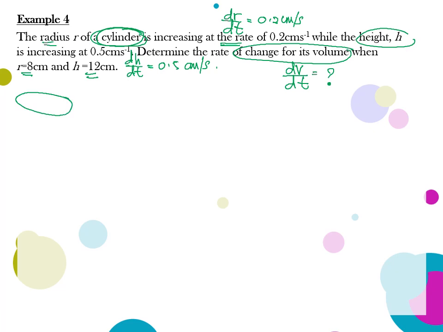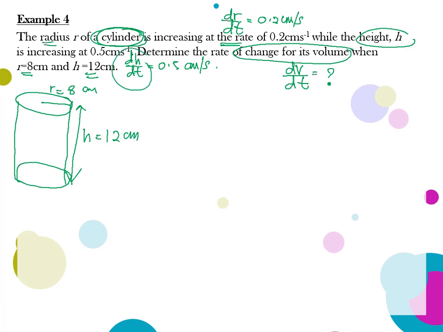Excuse my drawing. So this is your R, R is 8, and this is your height, height is given at 12. So this is cm and cm. So we have the dh dt, we have the dr dt, and this is what we want to find.